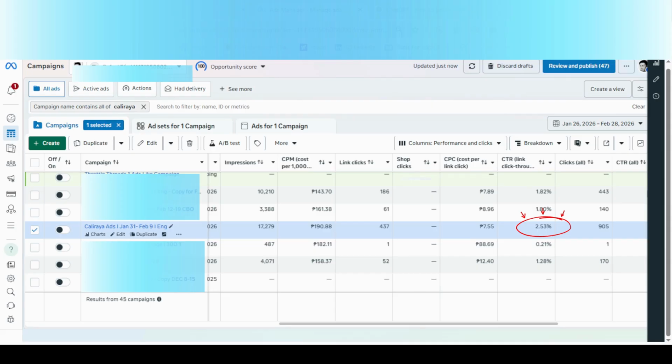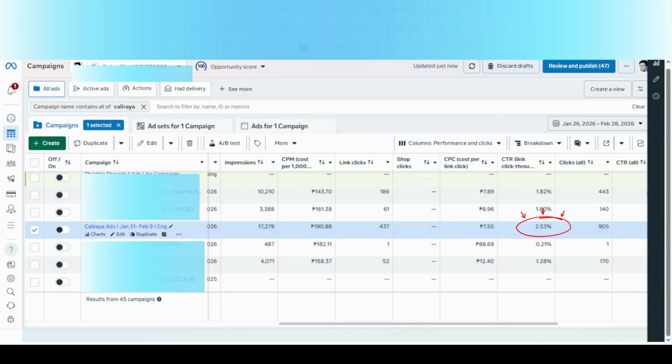If you have a low CTR, less than 2%, people are not interested in the ad. If it's a high CTR, more than 5%, the ad is attractive and relevant.